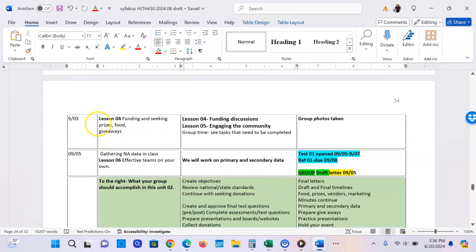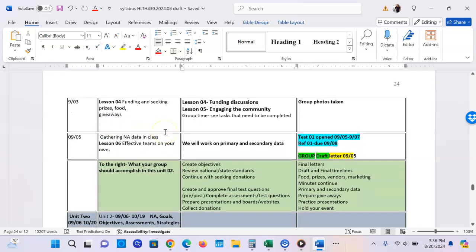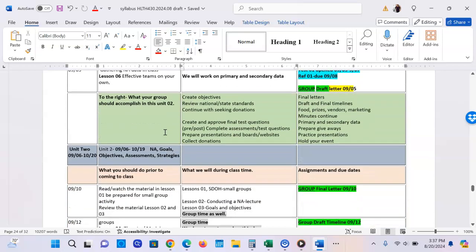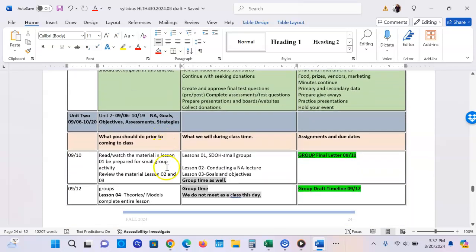And so, as we said in the Blackboard, or about the course video, this is a flipped course. And once we get past the first couple weeks, we start to have sessions where you can actually work. So for example, when we get to September 10th, we are doing a lot on the 10th, but on the 12th, you will have that for group time and we will not meet as a class.